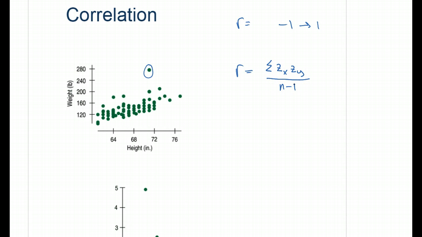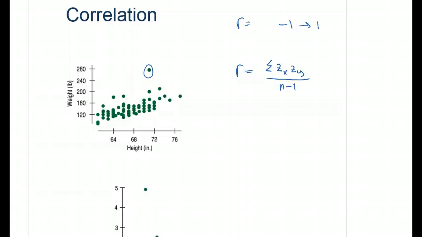I'm going to leave you sort of in the dark as to why it's n minus 1. We'll get to that in future lessons. But the simplest answer is that it gives us a better approximation when we have smaller data samples, or a smaller number of observations.